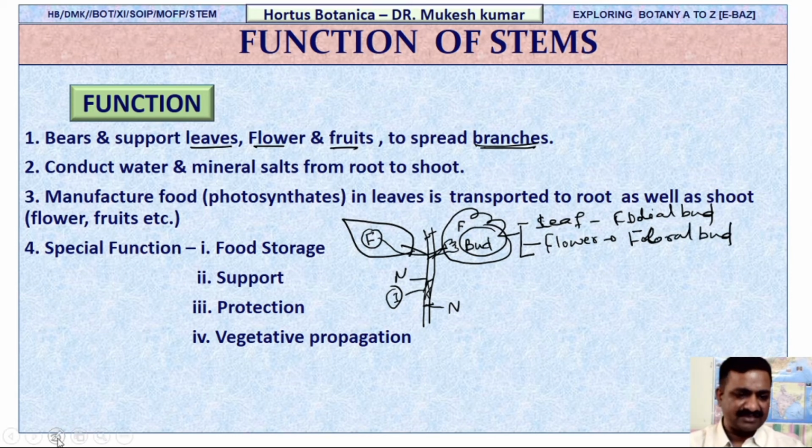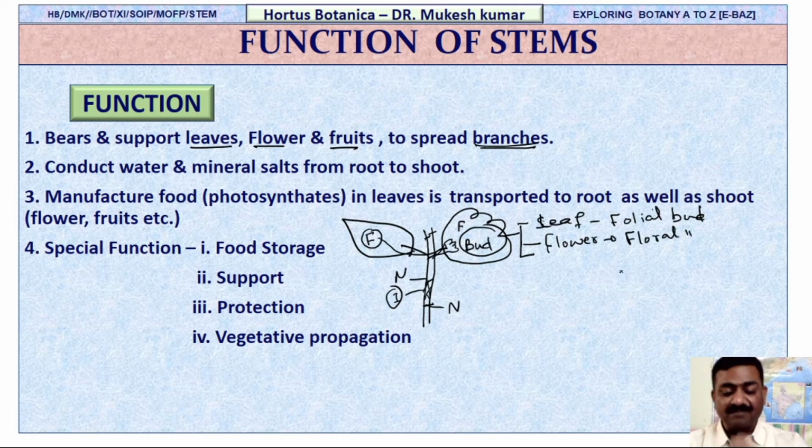So first, write down neat and clean. First we had, I am writing again, from leaf it was a foliar bud, very clear. But now flower, so called floral bud, very clear.